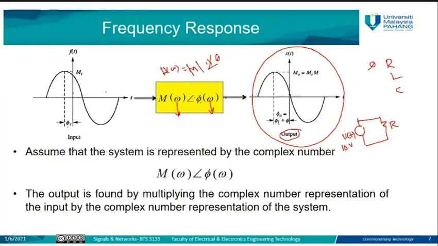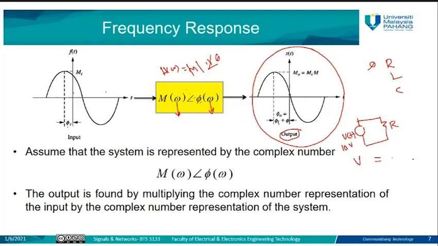Now, if I want to write the value of the voltage in the form of magnitude and phase, what will be the value of the voltage in this case? If I want to find V as a phasor value, or polar form, which consists of magnitude and angle, so V equals what?